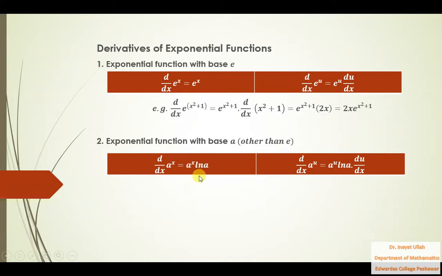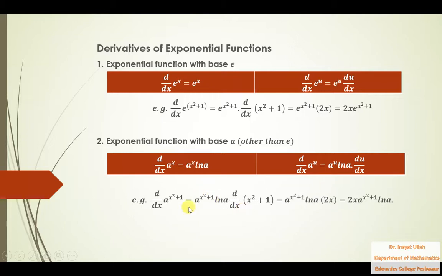Now extending this formula, if the power is not x only but a function of x, the formula will be the same. The derivative of a power u is the same a power u, natural log of a, multiplied by the derivative of this power u.